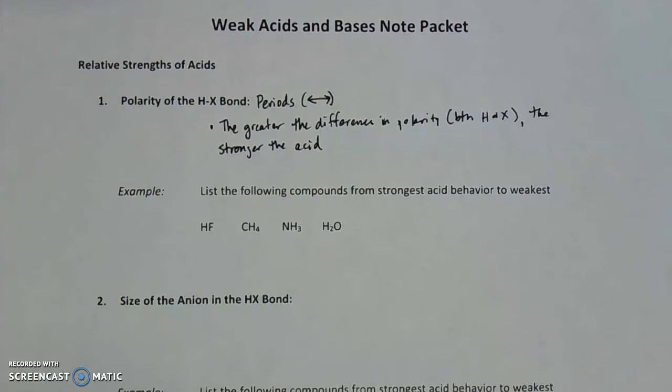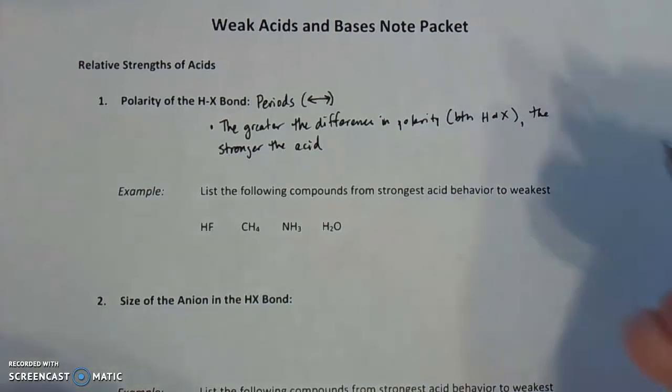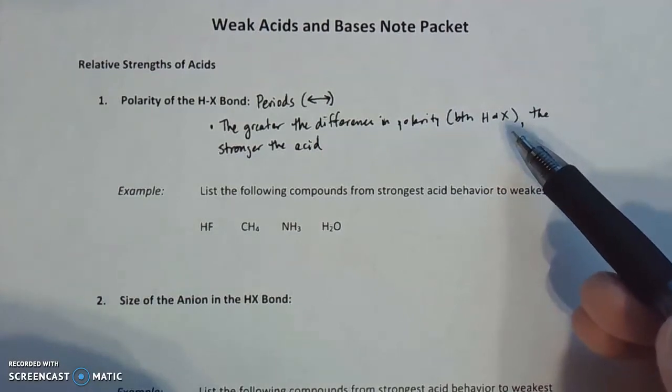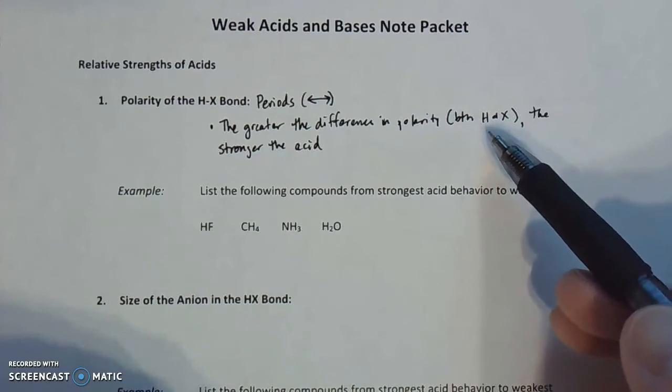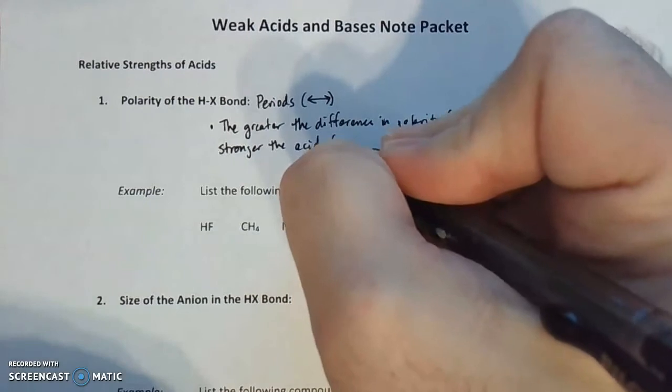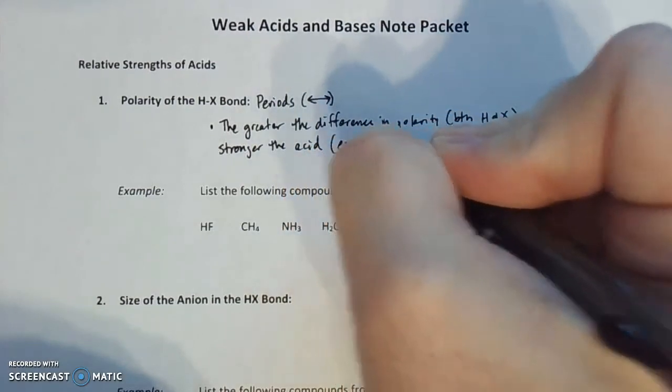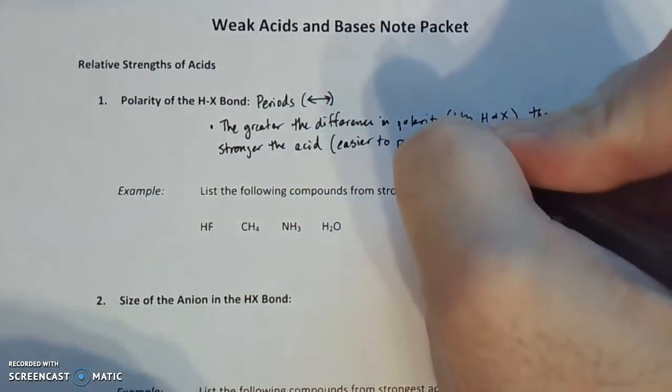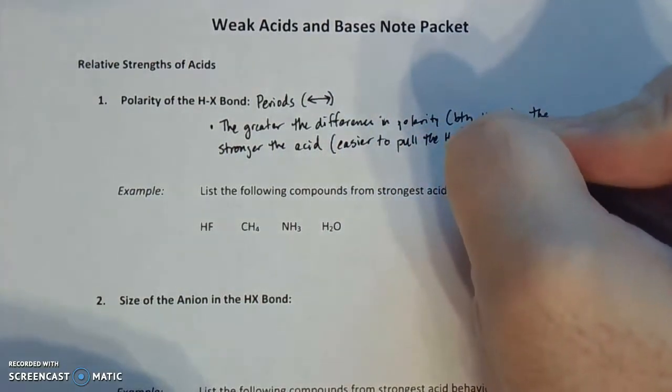So the greater the difference, the more pull something has. So acid strength is based on how easily that H is pulled off of something, how it ionizes. So if the thing that it's bonded to, the X, has a stronger pull, the easier it is to break off this H. So we're just going to say it's easier to pull the H from the compound.